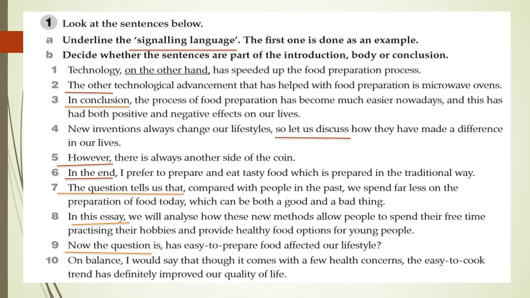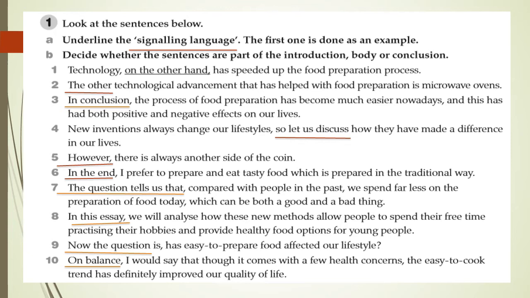The last one, on balance, I would say that though it comes with a few health concerns, the easy to cook trend has definitely improved our quality of life. On balance. And this is the body of the paragraph or essay.